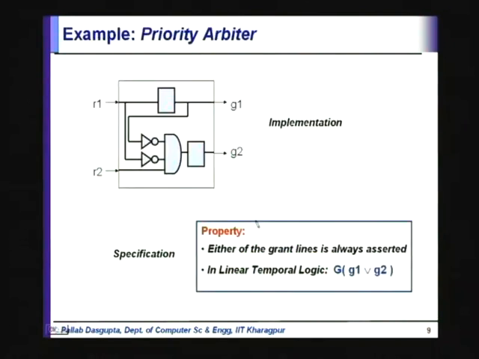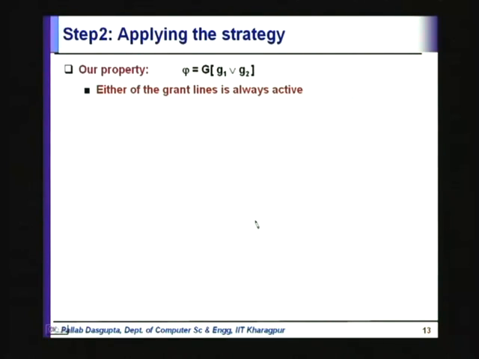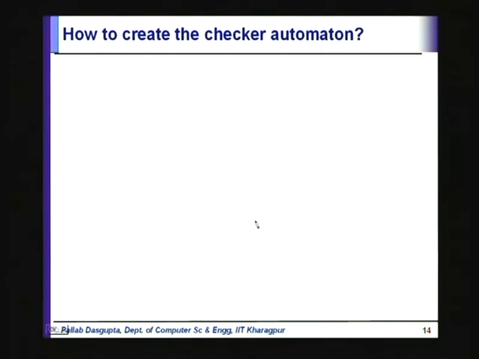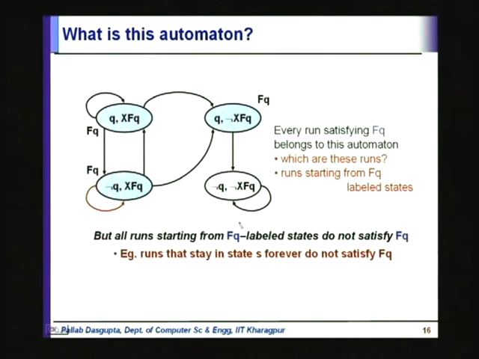And for that, we saw that when you build the tableau or the checker automaton, every run of this checker automaton is not an accepting run, in the sense that it is possible for the automaton to go round and round in some cycle without ever reaching a state which satisfies the property.